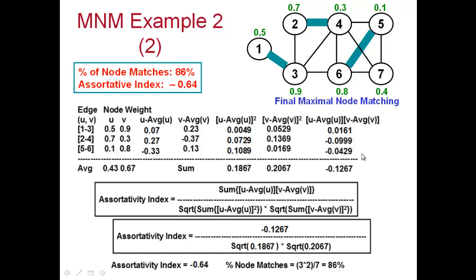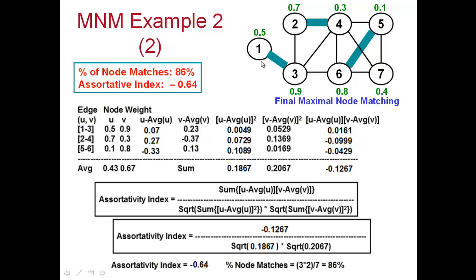So this is the numerator, the sum of the product of the differences, divided by the square root of the sum of squares of the u values, which is 0.1867, times that of the v values, which is 0.2067, and that comes out to be negative 0.64. So this is very much a disassortative matching of edges that are part of the maximal node matching.